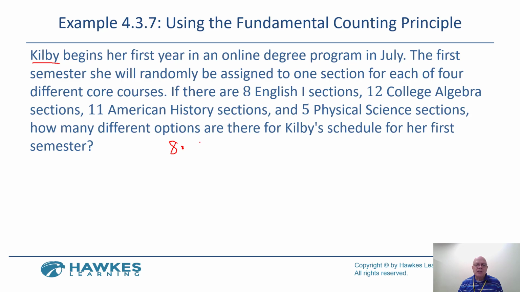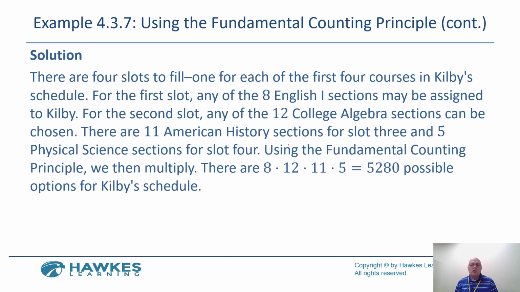That takes care of the English. Multiply that by 12. If we were just looking at English and college algebra, there would be 96 ways she could select those 2 classes. But she's also got 11 American history to choose from and 5 physical science classes, for a total of 5,280 possible options for her schedule.